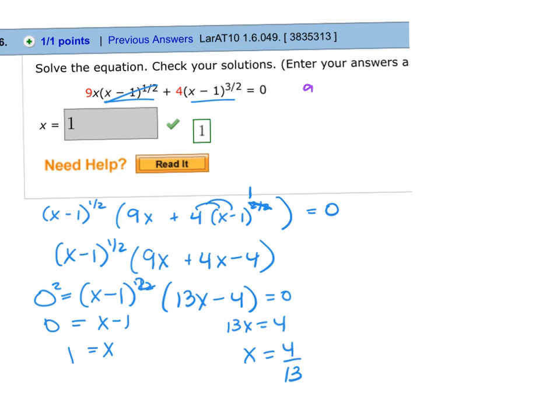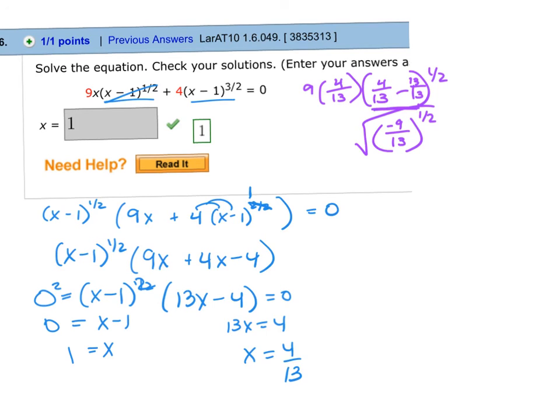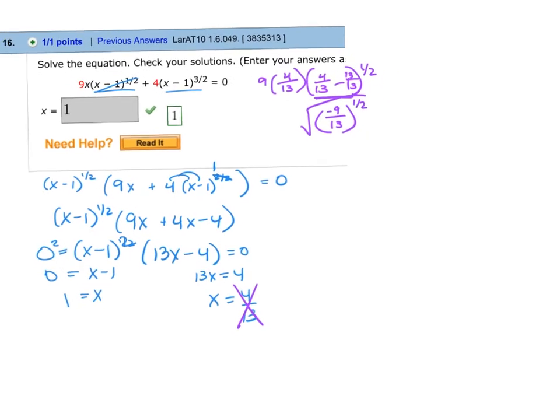But if I plug in 9 times 4/13, and then 4/13 minus 1 to the 1/2, even if I just stopped there, I obviously could keep going. But this 1 would be 13/13, and I'd end up with negative 9/13 to the 1/2, which is the square root of negative 9/13, and that cannot be done. So I rule that out.